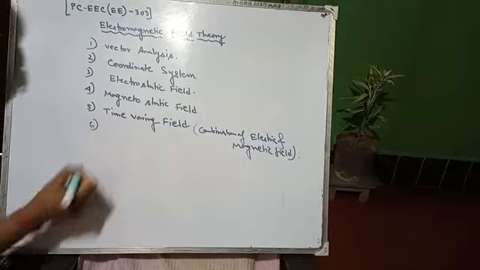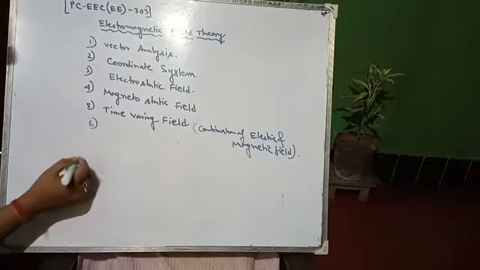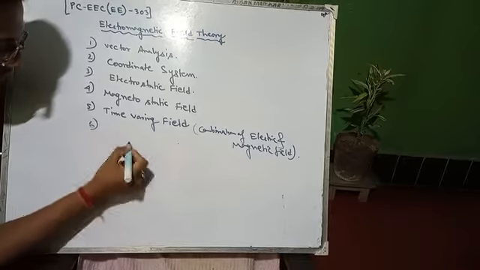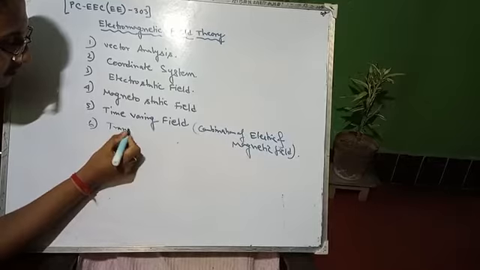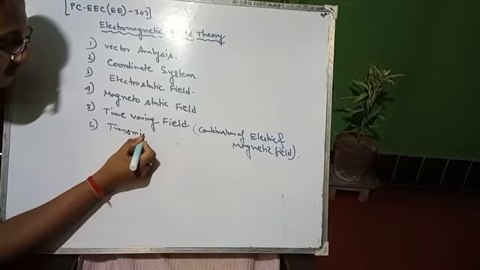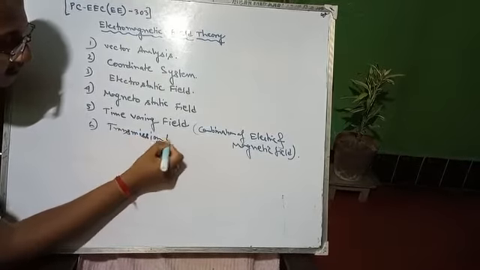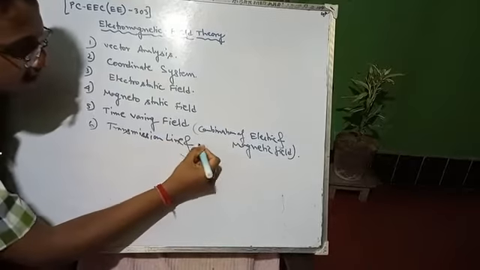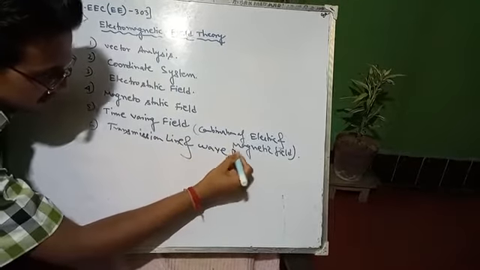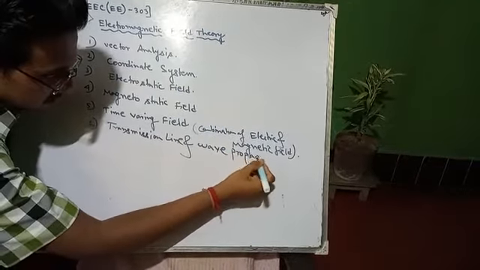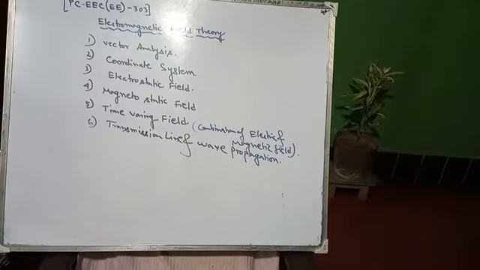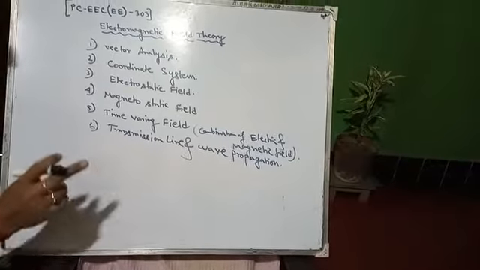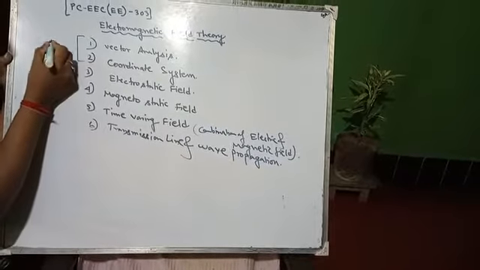Okay, so this is the time varying field, and your sixth module will be transmission line and wave propagation. So this is basic one.